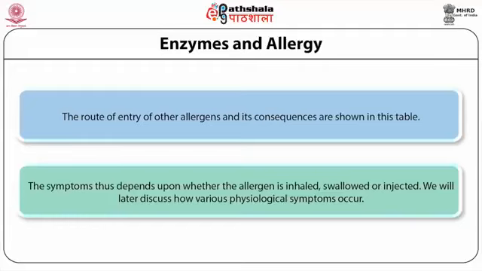Their route of entry of course is oral. The clinical manifestation in such cases is vomiting, diarrhea, itching, urticaria, and in some cases, very rarely, it can even be known to cause anaphylaxis.